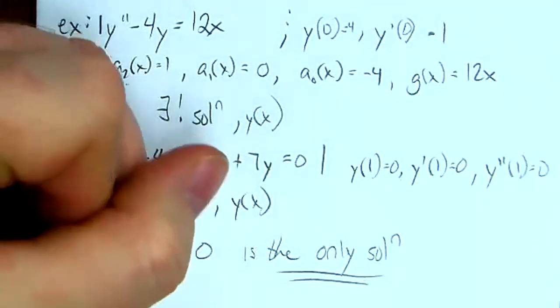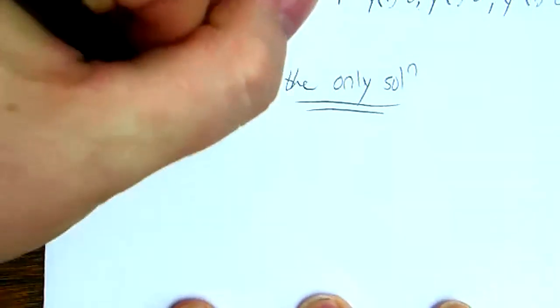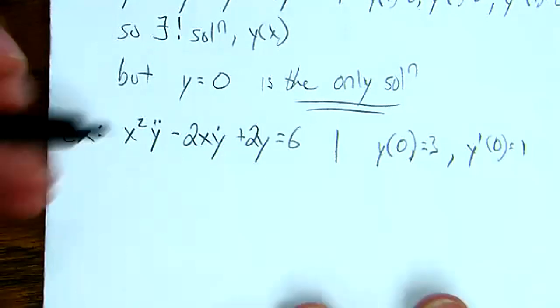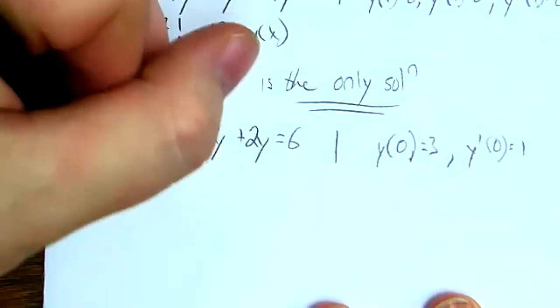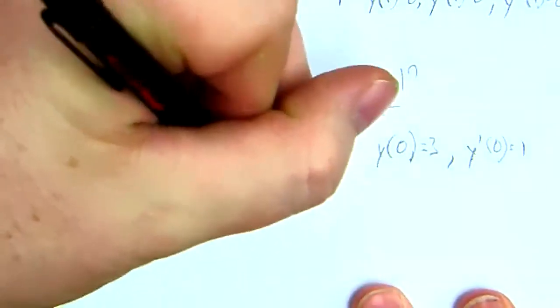Let's compare this with x squared y double prime minus 2xy prime plus 2y equals 6, subject to the initial conditions y(0) is equal to 3 and y'(0) is equal to 1. a_n here is x squared, which is equal to 0 at x equals 0.